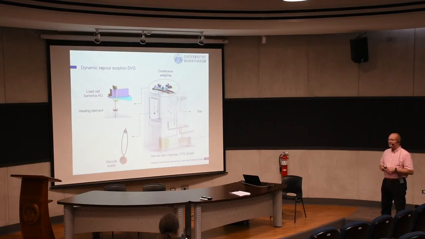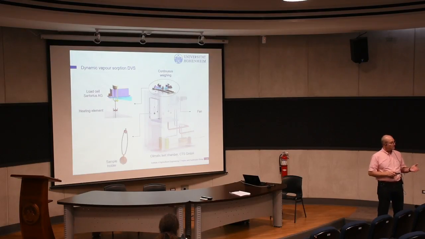So we are using a climate chamber. This is a climate chamber here, and inside the climate chamber you see those sample holders, and they are connected with balances. 5 samples connected with balances on top of the climate chamber. And in the climate chamber here we can keep constant the temperature, and we can change relative humidity.